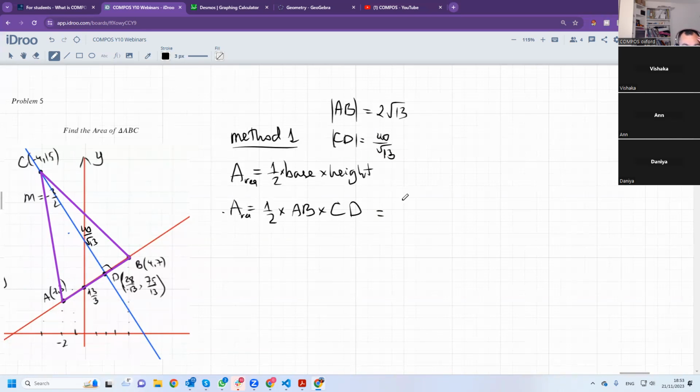So it's going to be 1/2 multiplied by AB, which is 2 root 13, multiplied by CD, which is 40 over root 13. The 2 cancels, which gives 40 square units.